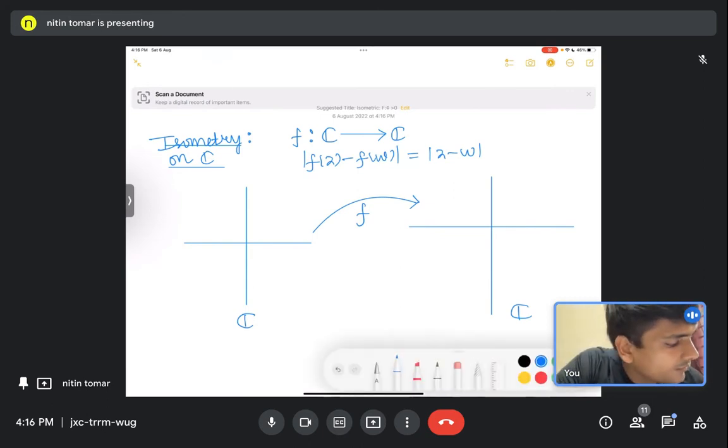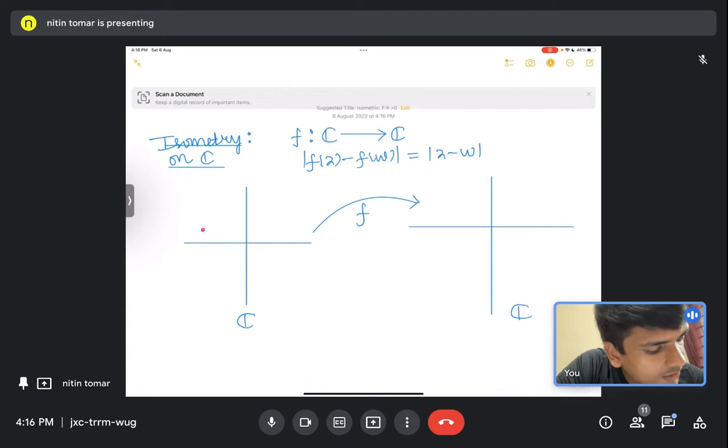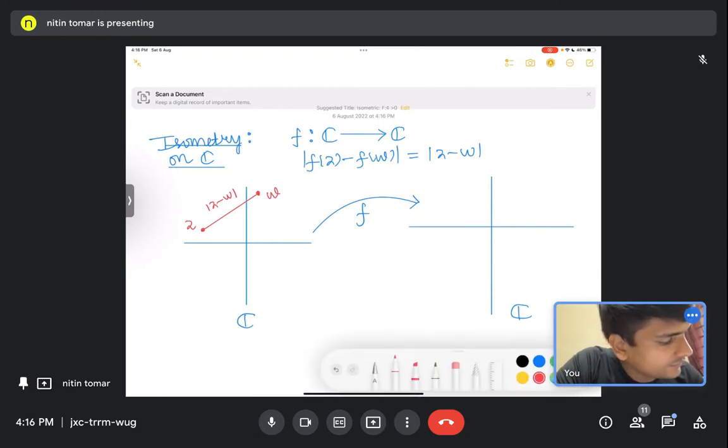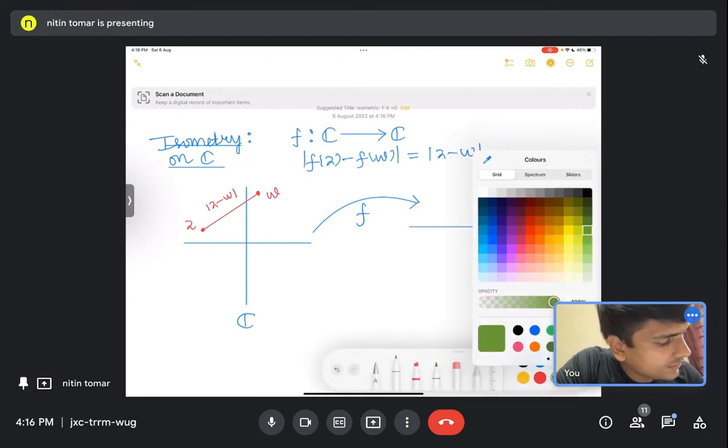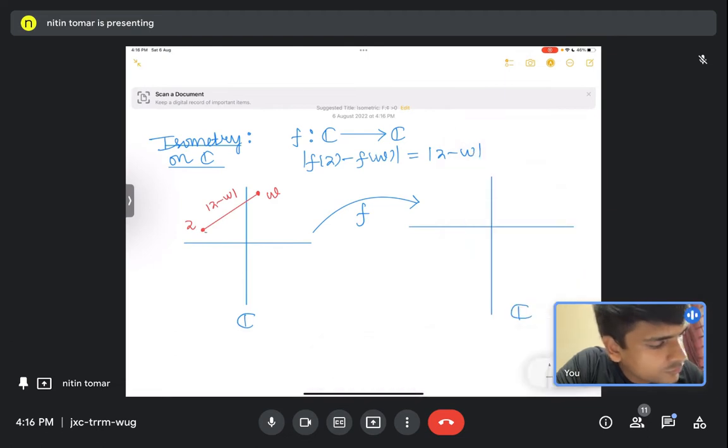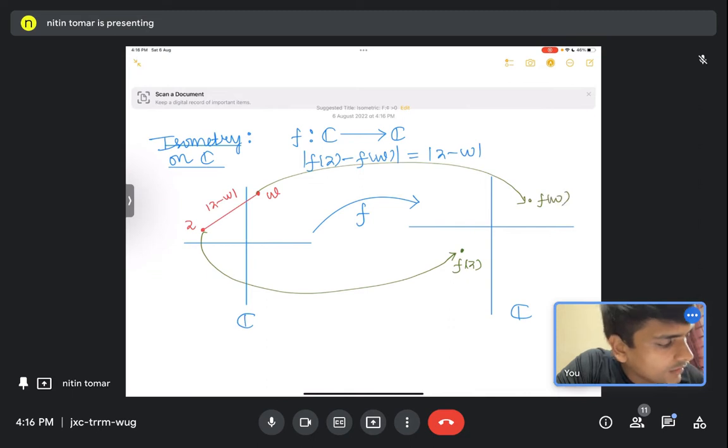Isometry means basically if you have 2 points z and w, here you will have some distance, mod z minus w. Now under the map f, z goes to f(z), and w goes to f(w).